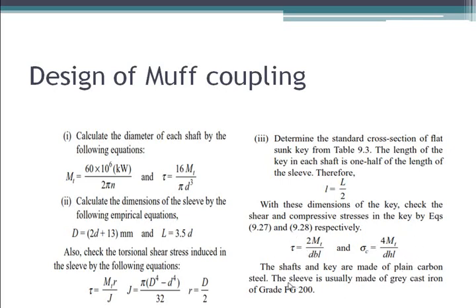Generally the shafts and keys are made of plain carbon steels, and the sleeve is made of grey cast iron of grade FG200. If the stresses are within the limits, the design will be safe.